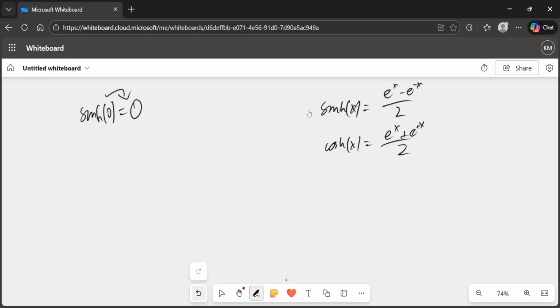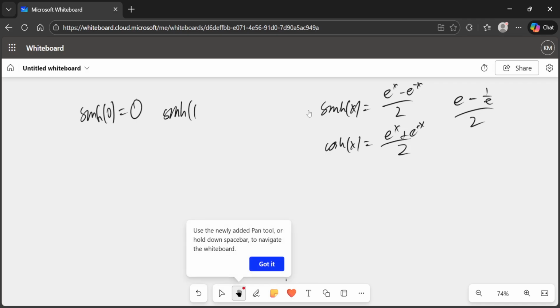So that should be simplified. Sinh 1 is e minus e over 2, so that's also 0. No, it's not. That's a lie. Because it would be e minus 1 over e, over 2, and that doesn't resolve simply.